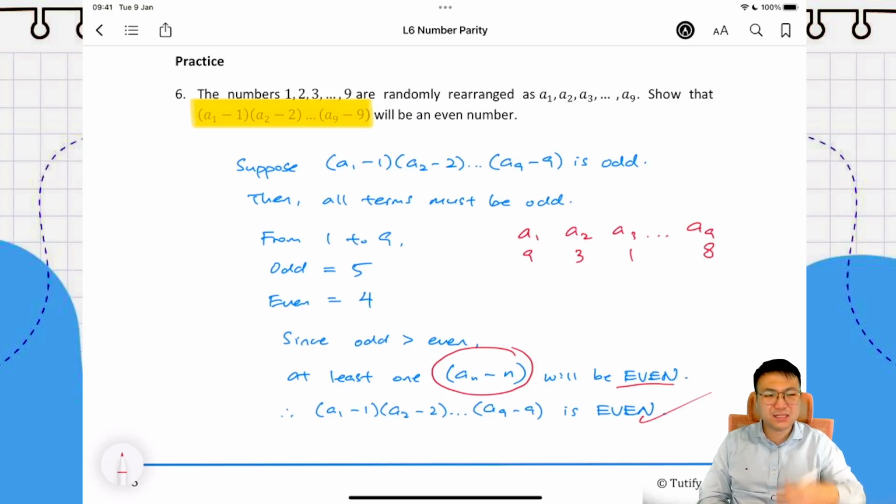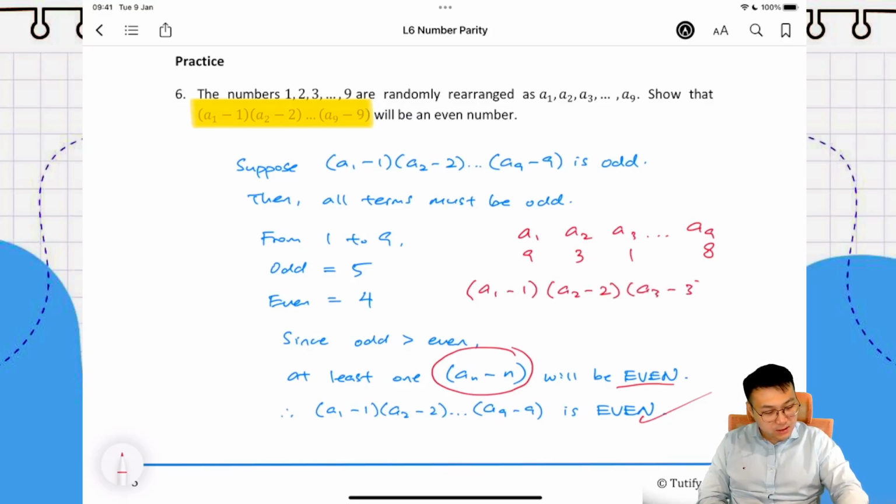We are randomly assigning a value to the letter A: A1, A2, A3, all the way until A9. Then what we are doing is we are taking A1 minus 1 times A2 minus 2 times A3 minus 3, all the way until A9 minus 9.